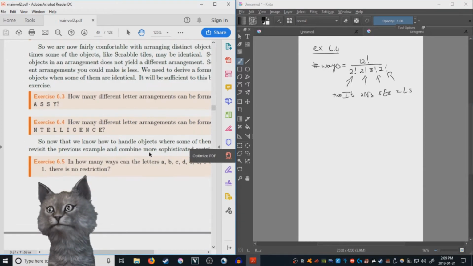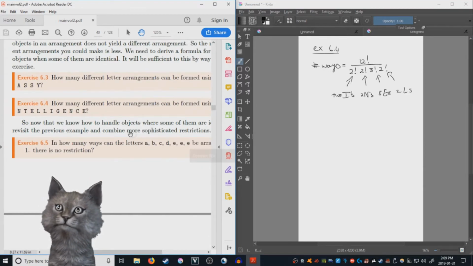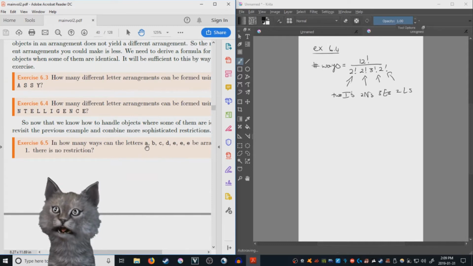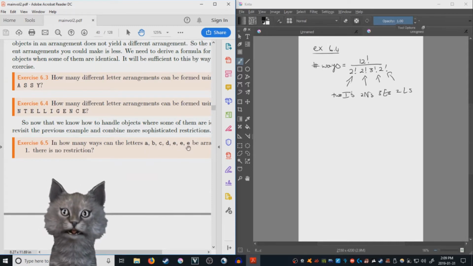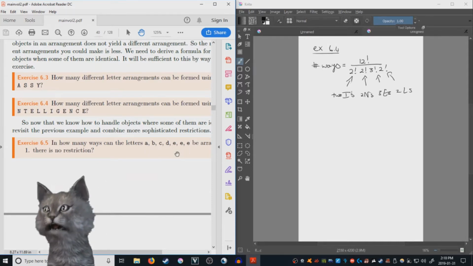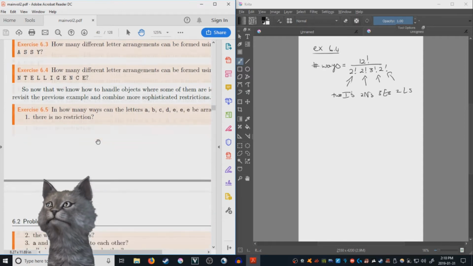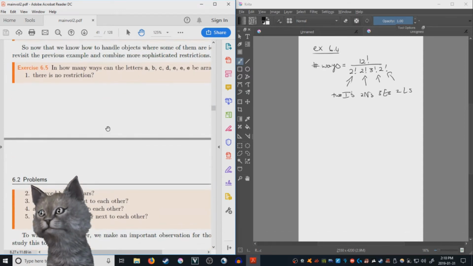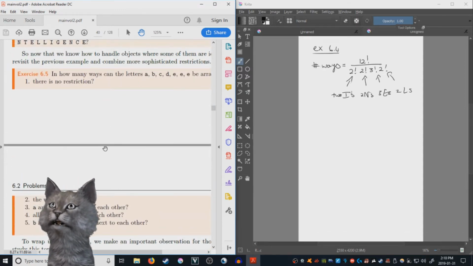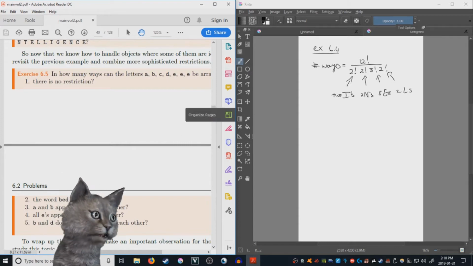Now we can do other examples and look at letters like A, B, C, D, E, E, E, and arrange them. First under no restriction, and then in a similar way as before, we can glue stuff together and do all kinds of things. So let's do it.